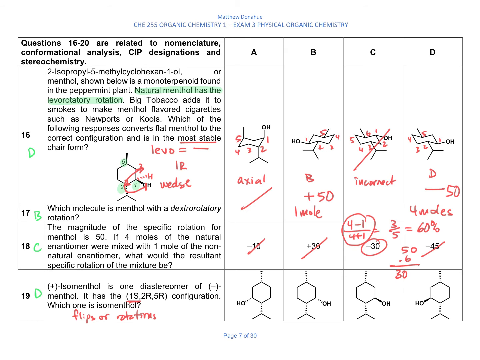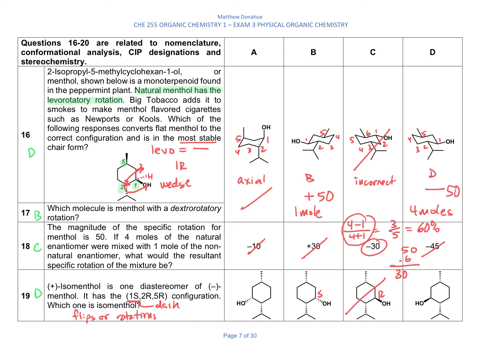So that means the 1S must be the dash. So B we see is oriented the same. That's the dash, that has to be S. C is oriented the same, it's the wedge, that has to be R, so we can eliminate that.